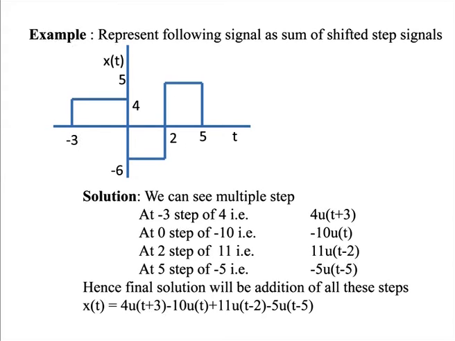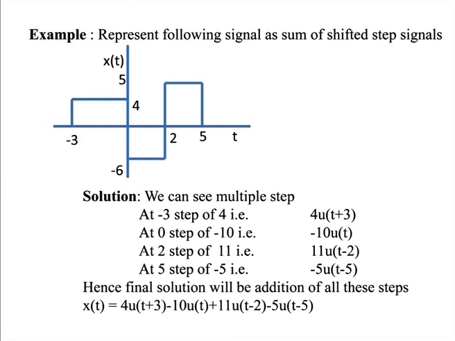Then again at 2 it steps up from minus 6 to 5. So, minus 6 to 5 stepping is 11. Then at 5 it comes from 5 to 0, so the step is minus 5. So, we can write this as: at minus 3 a step of 4, 4u(t plus 3); at 0 a step of minus 10, minus 10u(t); at 2 a step of 11, 11u(t minus 2); at 5 a step of minus 5, minus 5u(t minus 5).